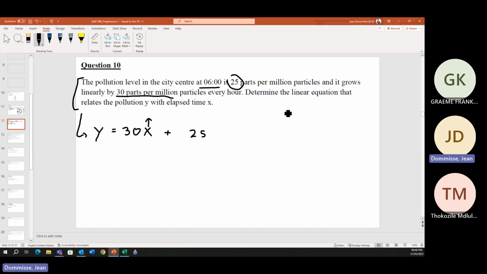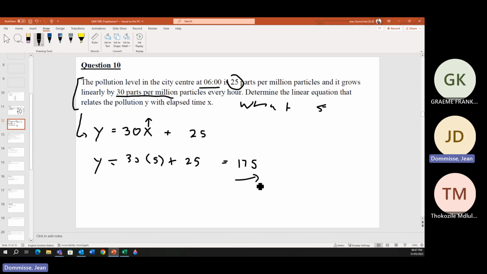They could have asked then, what is it after 5 hours or something like that? So with the formula, you need to then put in 5 into the X, so that they could have asked you to do the equation plus answer for Y, which then will be 150 plus the 25, that will be 175.